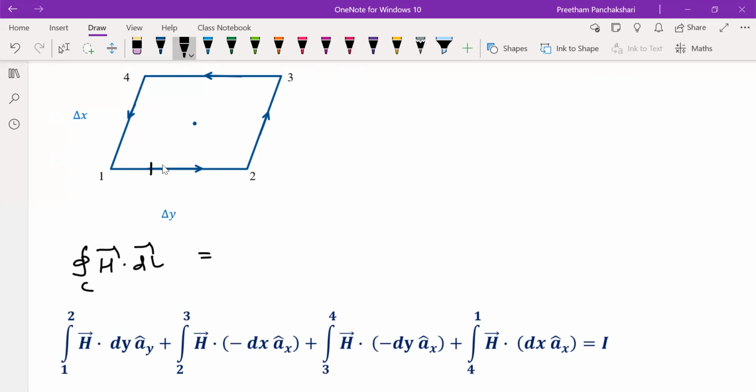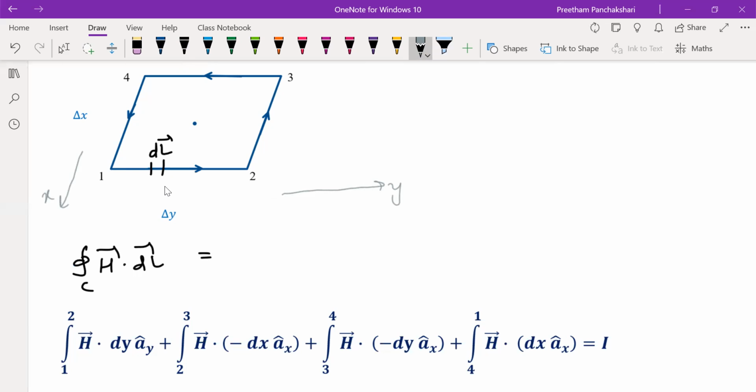Take this path 1 to 2. The differential length dl here can be taken as dy, because this direction is taken as y-axis and this direction is taken as x-axis.